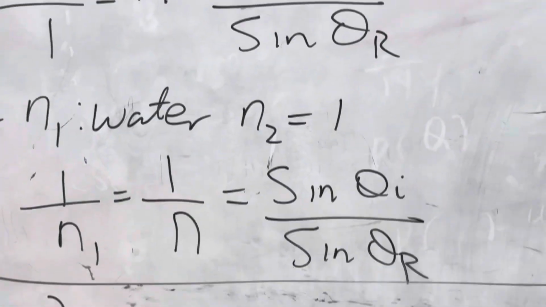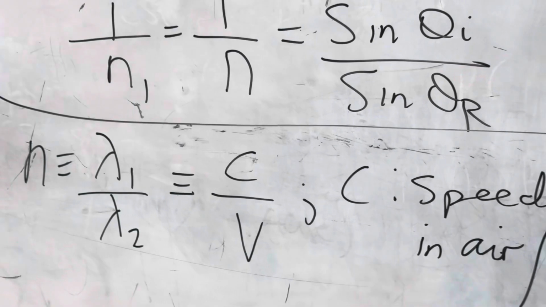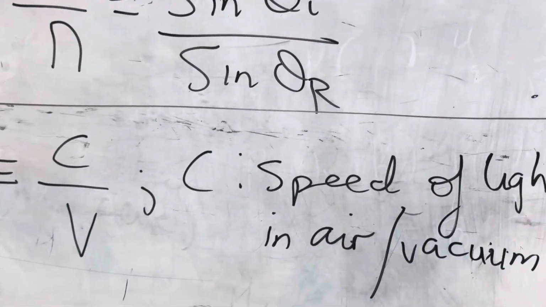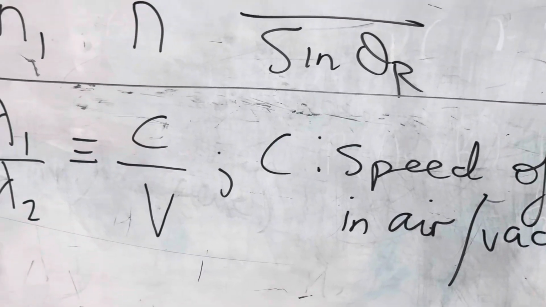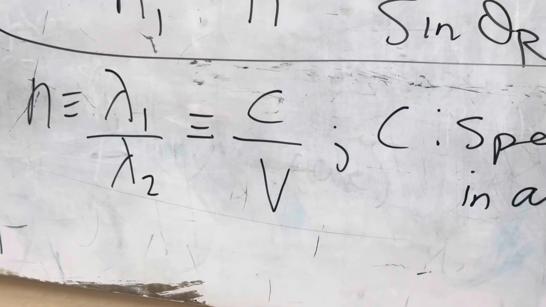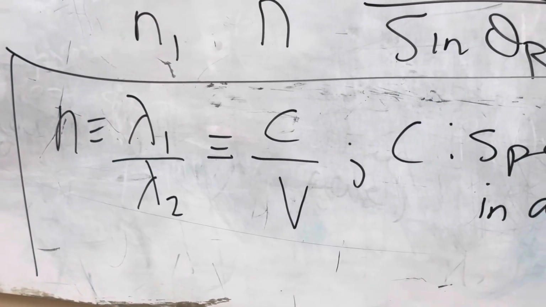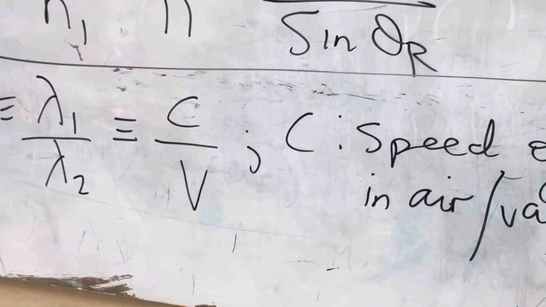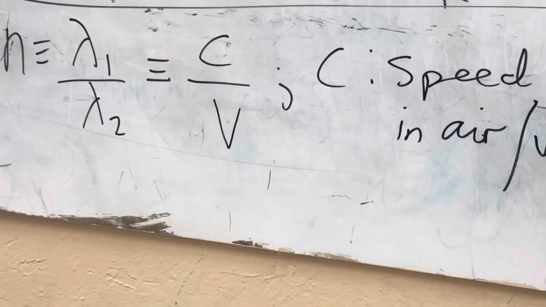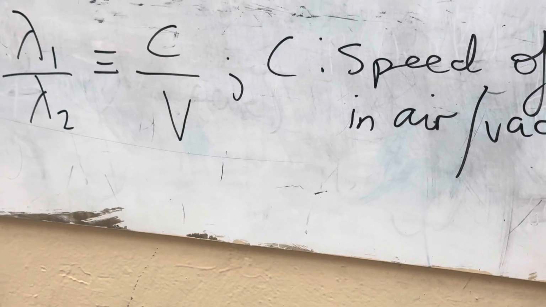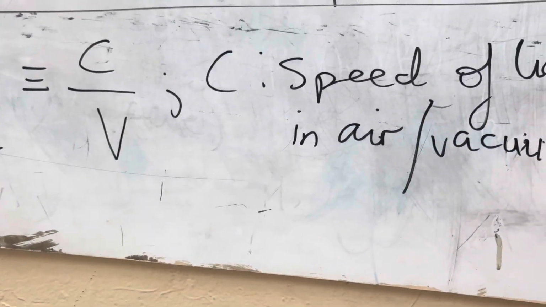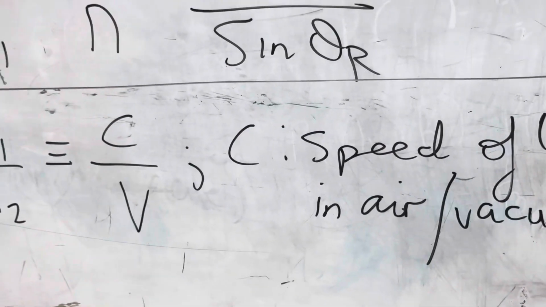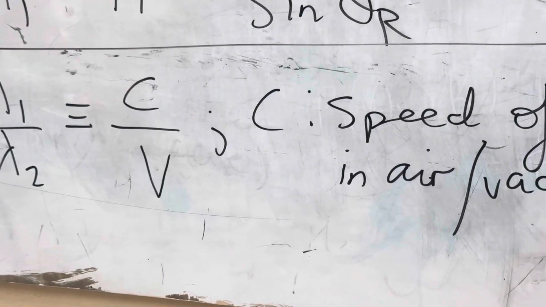So the speed is represented by the speed of light, c, and v is the speed of light in a medium. So c is the speed of light in air or a vacuum, and v is the speed of light in another medium, right? So a medium could be glass or water, okay?